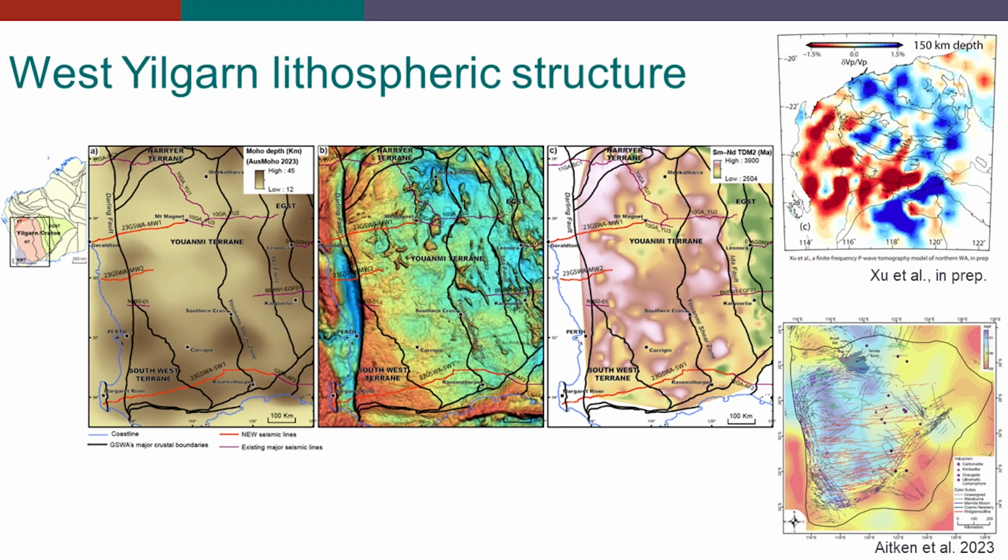We can see that the northern UNME terrane is dominated by a region with a Moho about 33 kilometers deep, which is quite different to what we see in the southern part of the project area, where the southern UNME terrane as well as the Southwest terrane has a Moho averaging from about 36 kilometers down to 42 kilometers based on this data. This deep Moho in the Southwest terrane coincides with a large gravity anomaly and a relatively juvenile signature in the isotope dataset.